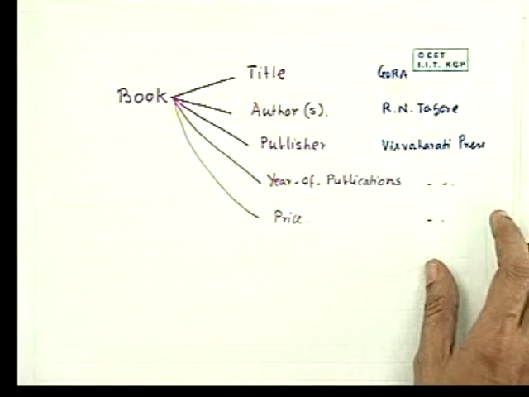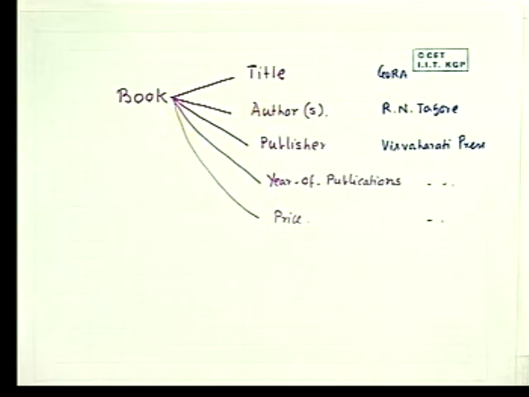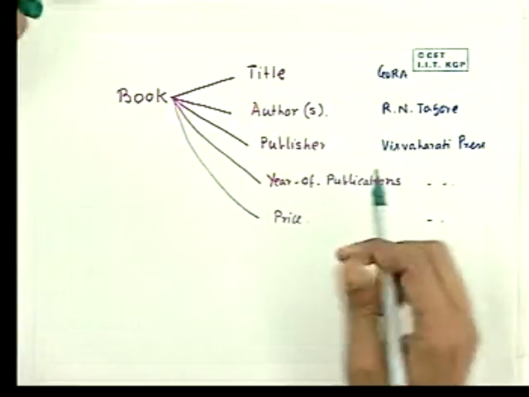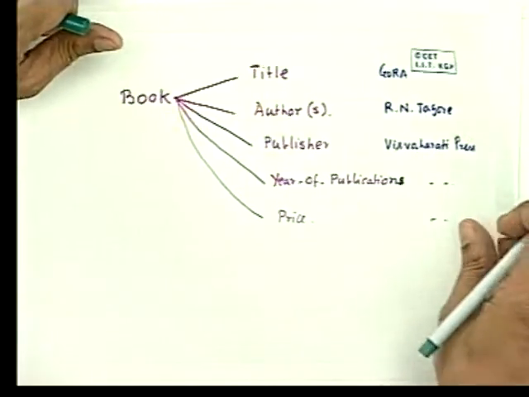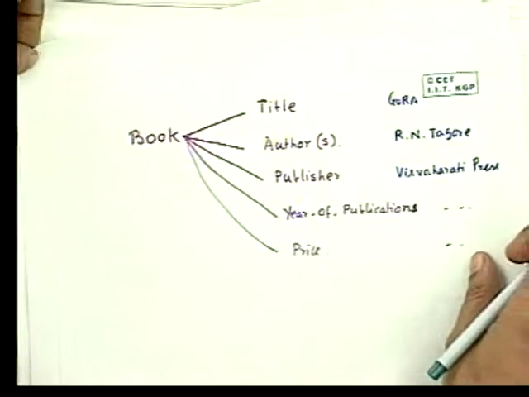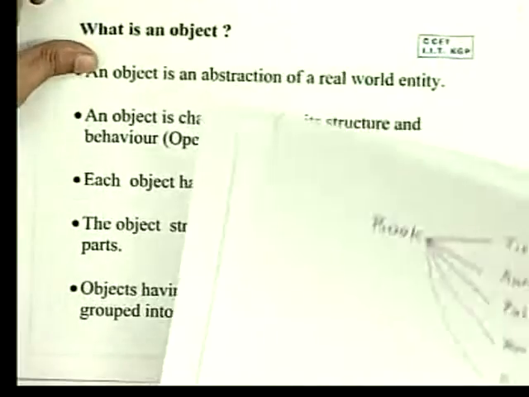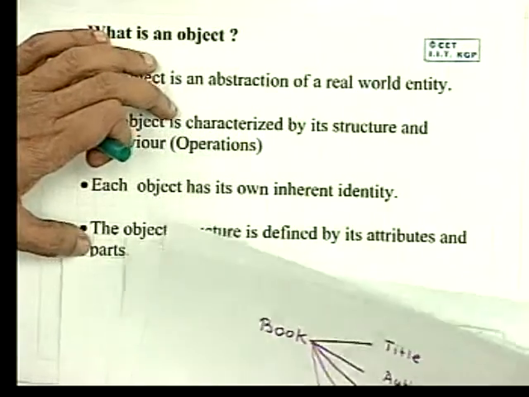Now, it is not necessary that the attributes are of a very simple type, in the sense that they are all integers or character strings. That's why we have said that the object's structure can be defined by attributes and parts, so the part itself can be an object.